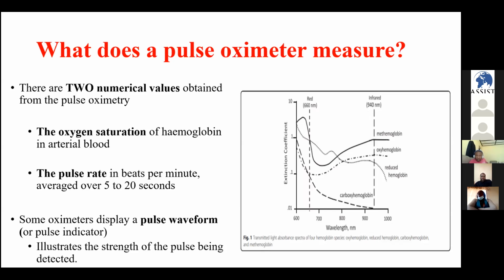So you can see on the red band, reduced hemoglobin will absorb more light, while the oxyhemoglobin will absorb less light in the red band.